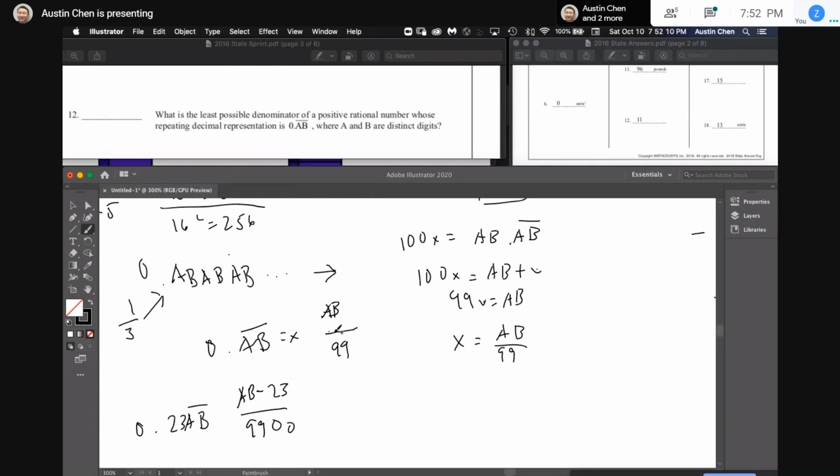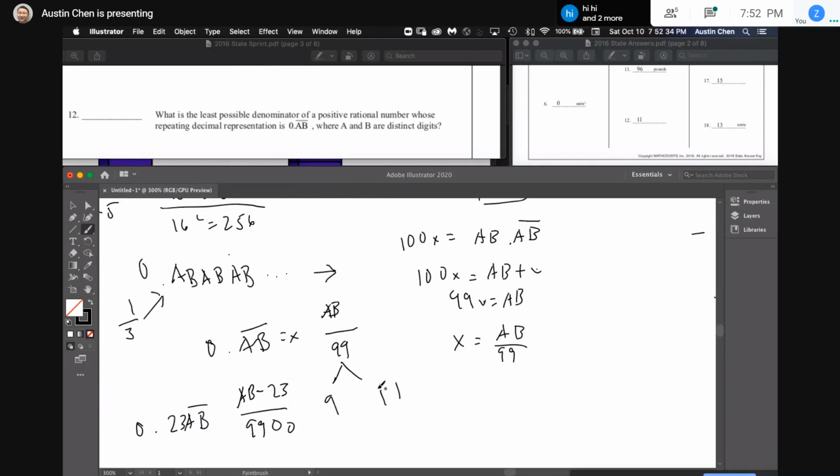A and B have to be distinct digits. 99 has factors of 9 and 11, but we can't have any multiple of 11 as AB, because any multiple of 11 has the same units digit and tens digit. So basically you can never cancel out this 11.